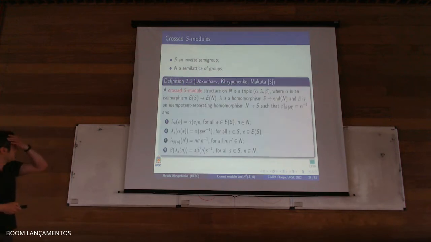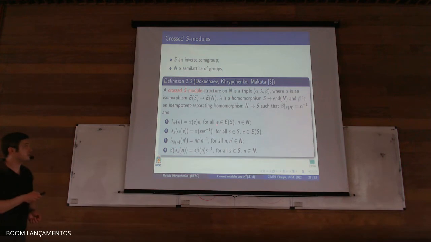And now, what about the definition of a crossed module? You just take an inverse semigroup, and you have a semilattice of groups, not necessarily abelian, of course. You have an action. You want this action to be similar to the action which appeared in the definition of a usual module, and these are these two conditions, exactly the same as in the case of a usual module.